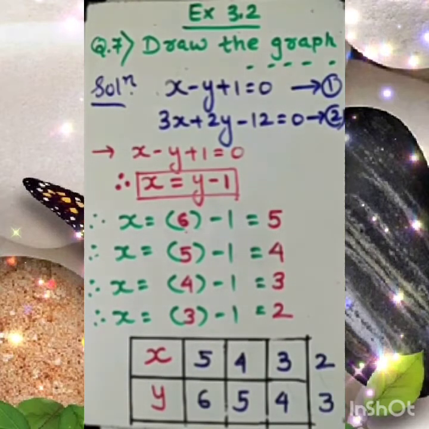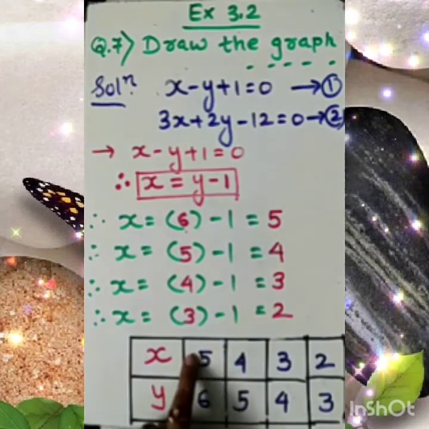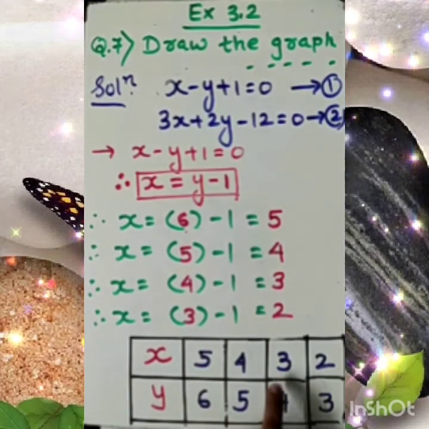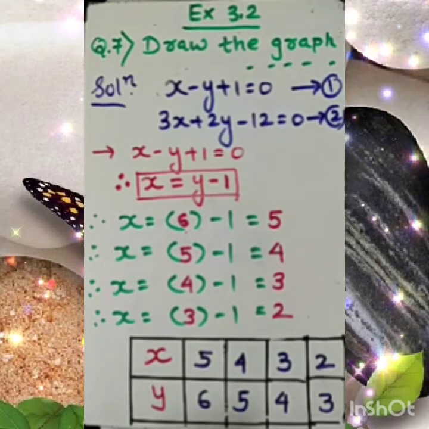Fine, I am extending it that way, because here we have 4 columns. So these are the coordinates for the first linear equation: 5, 6; 4, 5; 3, 4; and 2, 3. They all lie in the first quadrant. Now we need to work on our second linear equation. Let's see.